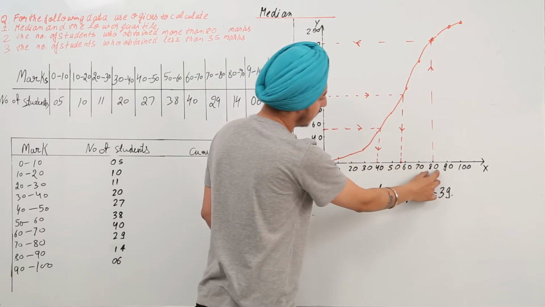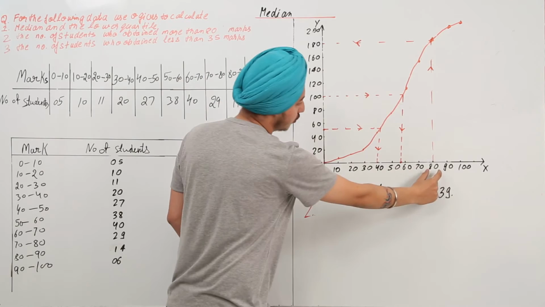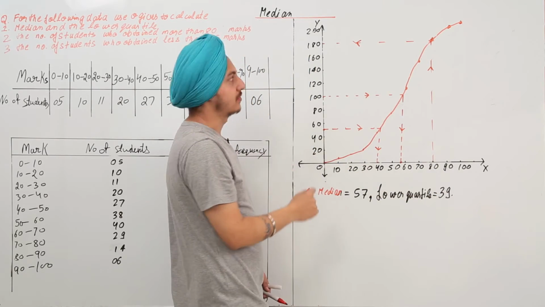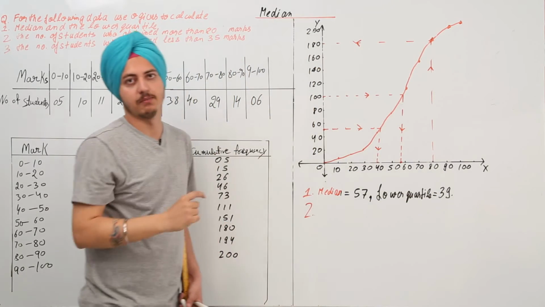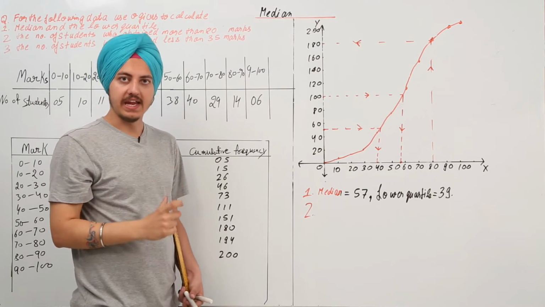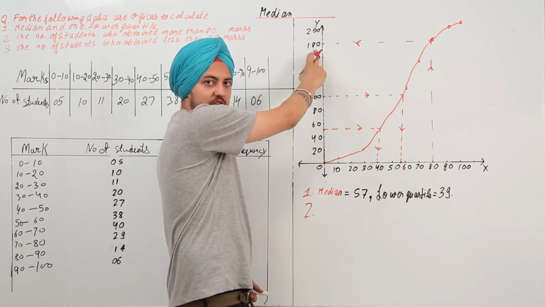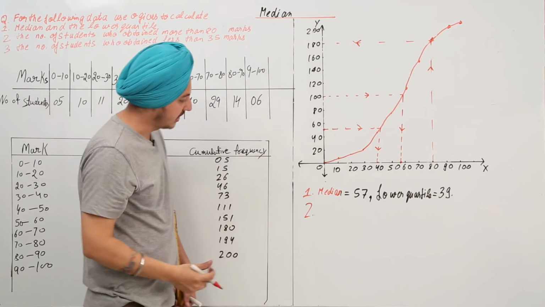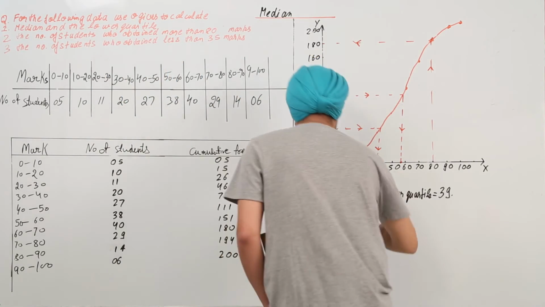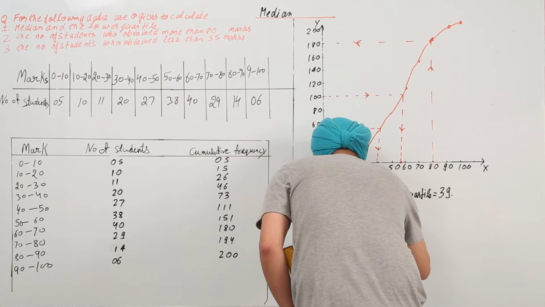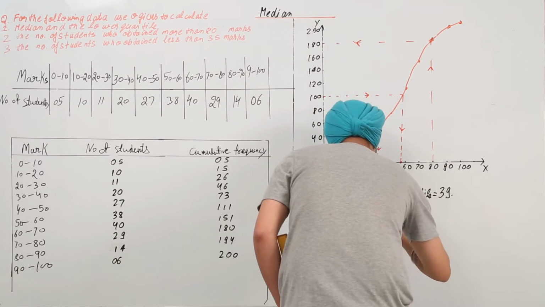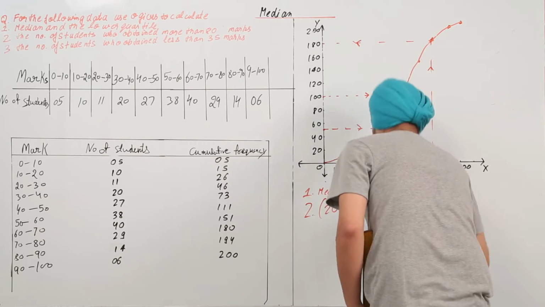That ordinate is to be subtracted from 200. So the number of students are 200, the ordinate corresponding to 80 is 180, so 200 minus 180 is equal to 20 from here.